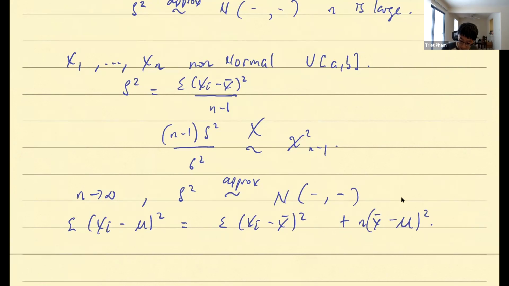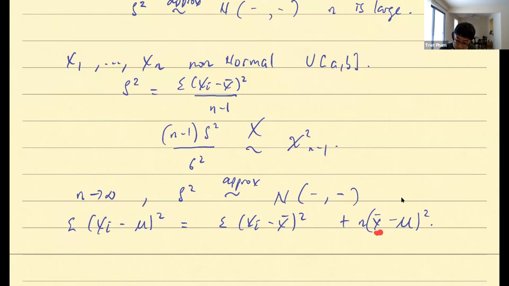Notice that, I think I noticed some difficulty here. When n is large, this, being the sum of IID random variables, is approximately normal. This is independent of any population assumption.